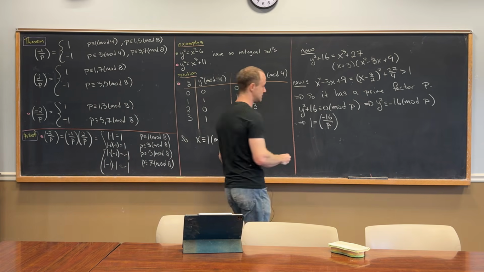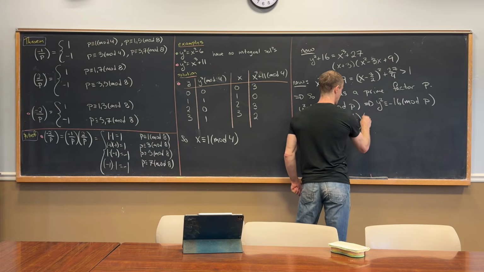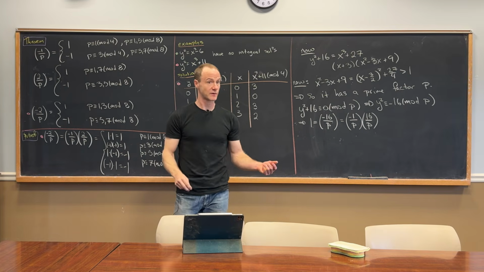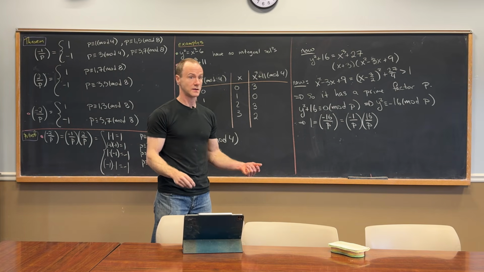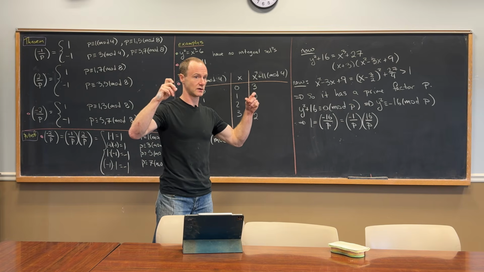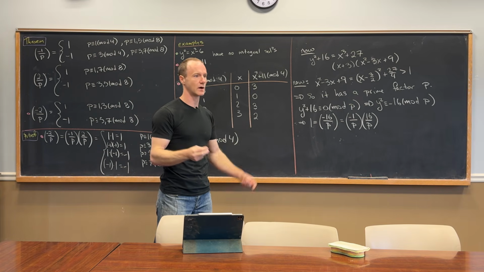But now we can do the splitteroo. This is minus 1 by p times 16 by p. Is 16 a perfect square? Yeah, always. If you have a perfect square in the numerator, it's always a perfect square. That's 1, right?